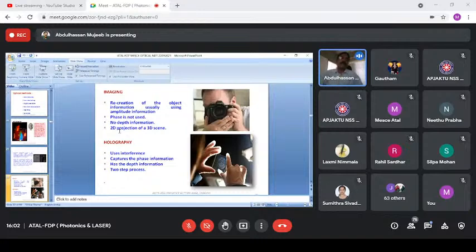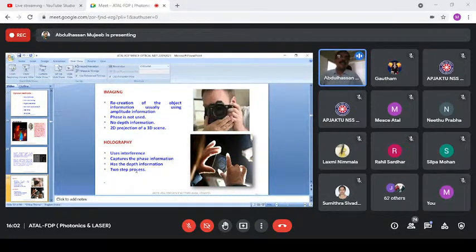But in holography, we use the interference phenomenon. You might have studied light interference in your +2 course. One wave falls over the other, and we get a dark and bright fringe pattern. Using that interference phenomenon, we capture the phase information, because phase is very important in holography.